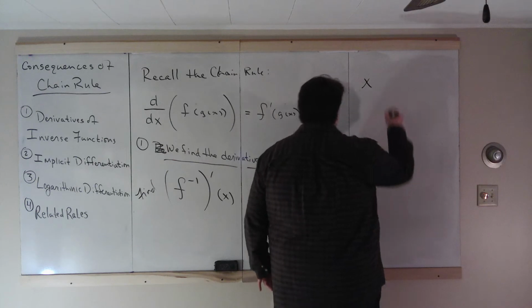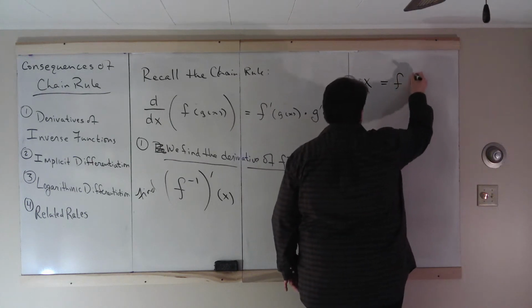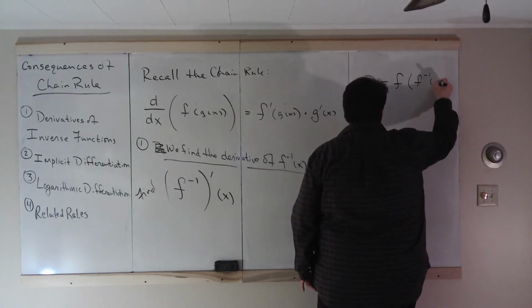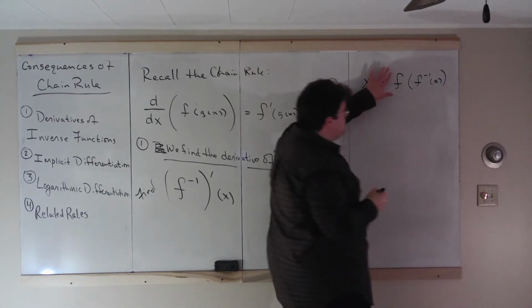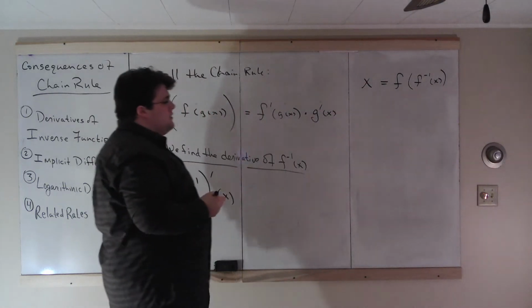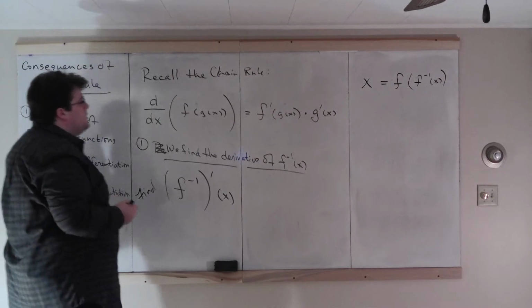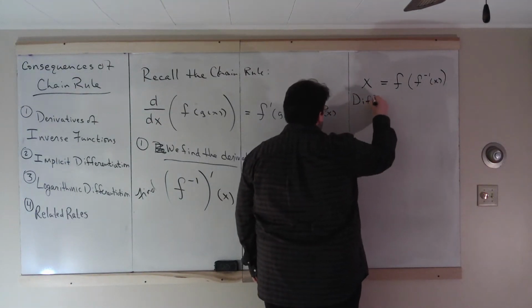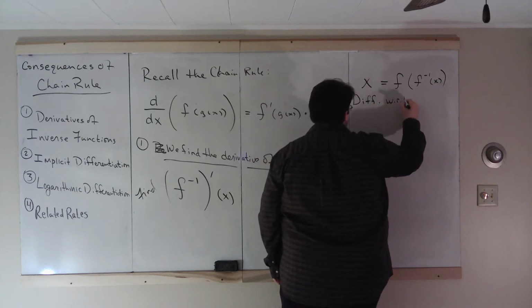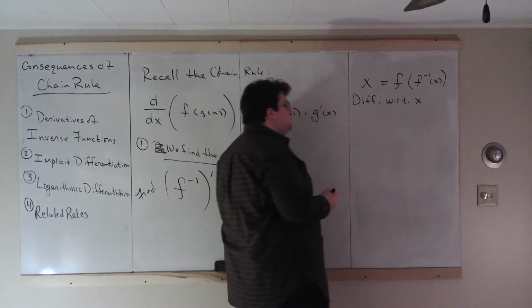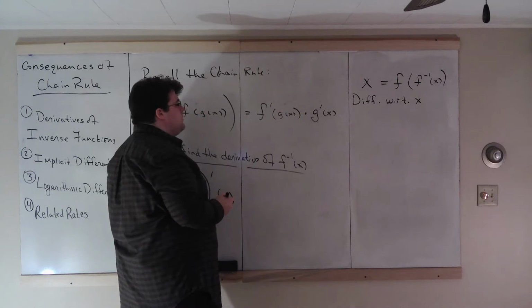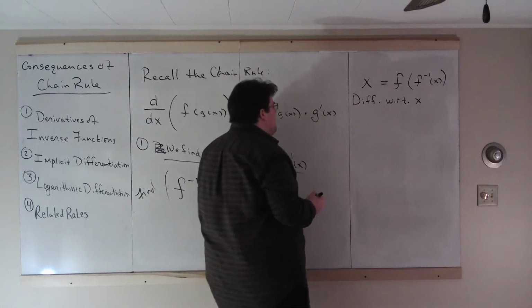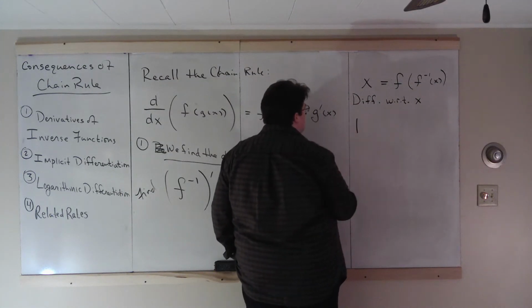Well, remember a definition of f inverse. One definition of f inverse is that f composed with f inverse is always going to evaluate to x. Well, differentiate both sides with respect to x. What do we get on the left? 1. What do we get on the right?